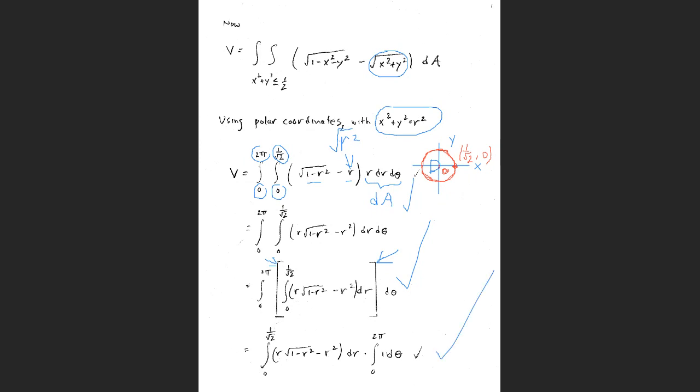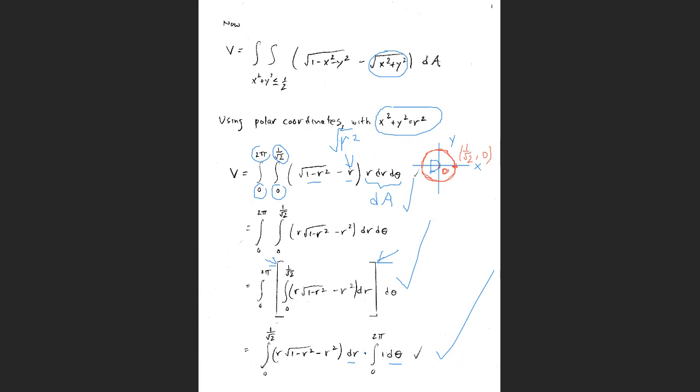Okay, well, oh my goodness, look at what I've done here on this next step. It looks like this double integral I've written as the product of an integral with respect to r and an integral with respect to theta. That's kind of interesting, right? So why was I able to do that here?